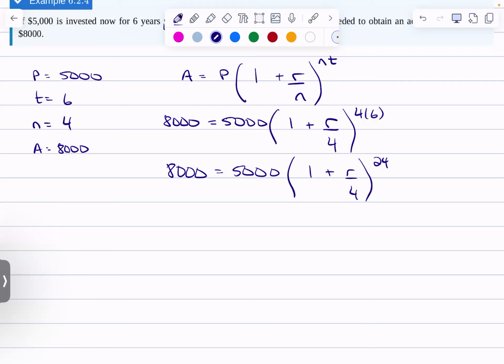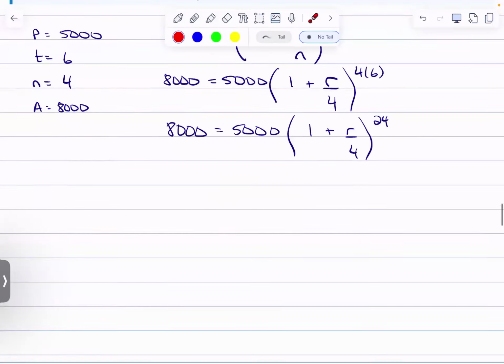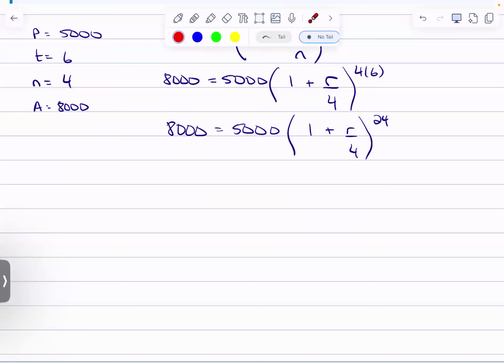Just as we did with isolating the exponent, we need to isolate this thing that's to the power of 24. How do you undo a power? We use the root, the 24th root in this case. But first we need to divide both sides by 5,000.